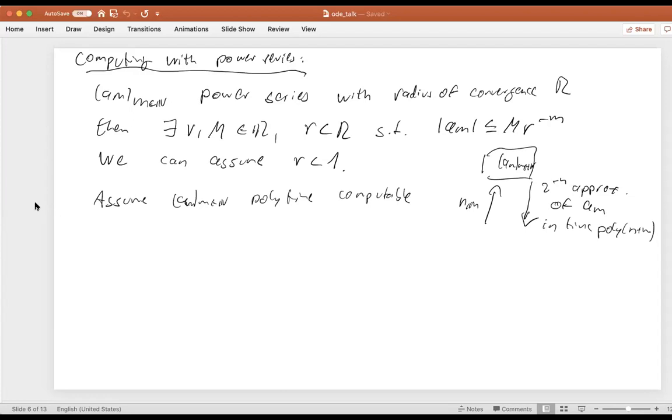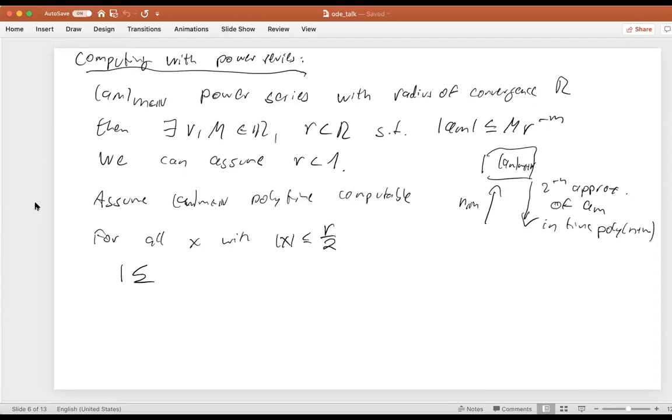Okay, so then one thing we want to do is actually sum up the series, so evaluate the function. We do this for all x with |x| less than or equal to half of R, because then we can get the following tail estimate.